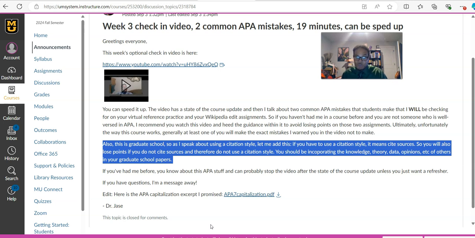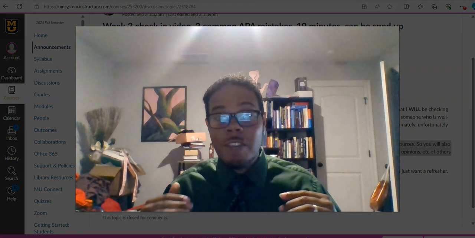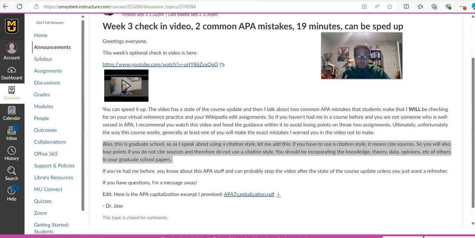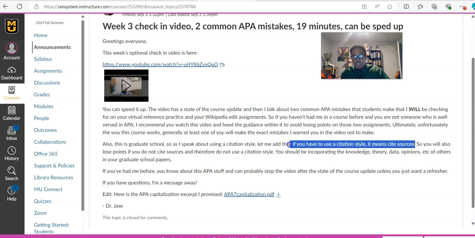So you will also lose points if you do not cite sources and therefore do not use a citation style. I realized that this was what I was talking about before the virtual reference assignment, but please pay attention to the wording. If you have to use a citation style, it means cite sources.